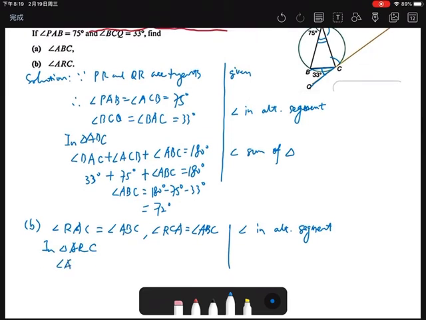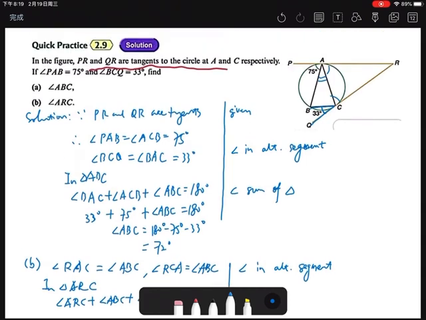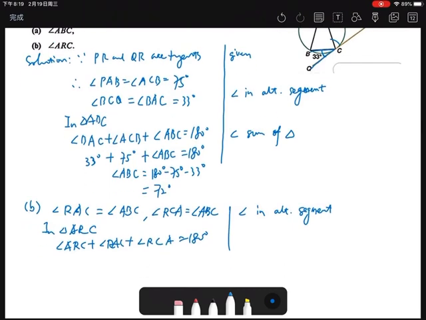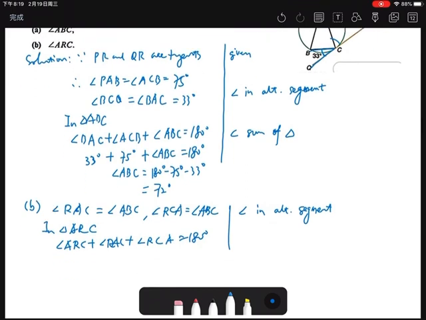So in triangle ARC, angle ARC plus angle RAC plus angle RCA equals 180 degrees. Substitute angle RAC and RCA, both of them equal angle ABC, which is 72 degrees.